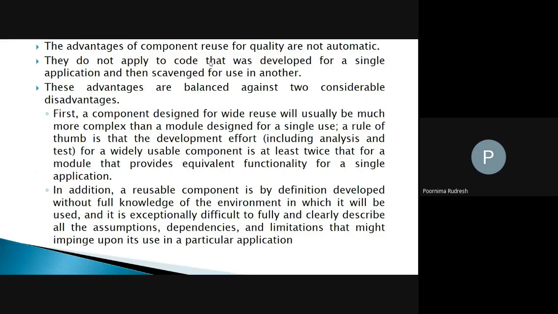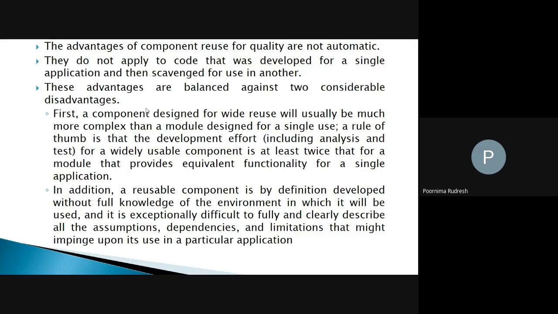These are the two advantages, and these advantages are balanced against two considerable disadvantages. So one disadvantage is that a component designed for wide reuse will usually be much more complex than a module designed for a single use. Because this is a component, when we are designing it, we keep in mind that it can be reused widely.